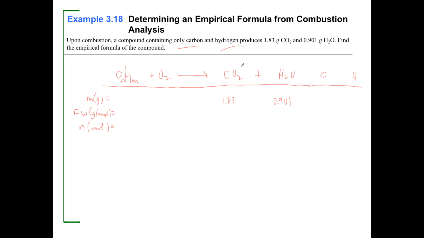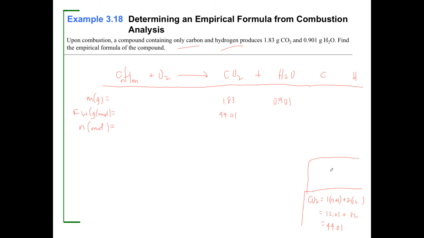So first of all, the formula weight of carbon dioxide is equal to 1 times carbon plus 2 times oxygen. You remember writing 12.01 plus 32, which is going to be 44.01.